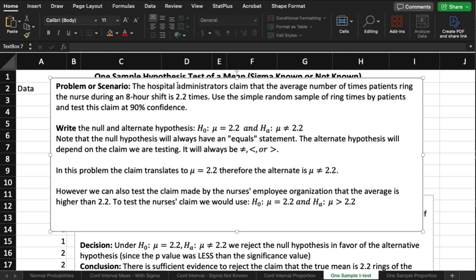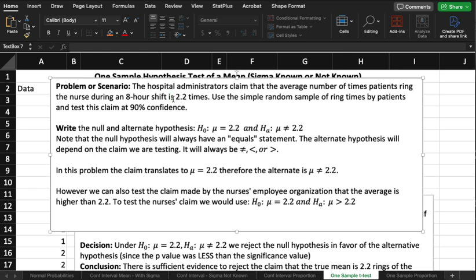In this case, the hospital administrators are stating that the average number of times is 2.2, which is a statement of equals. So they are claiming that the number of times patients ring the nurse equals 2.2.